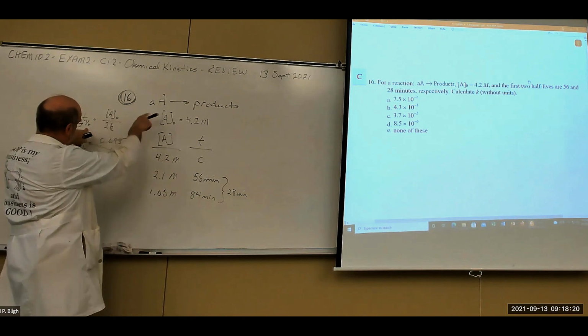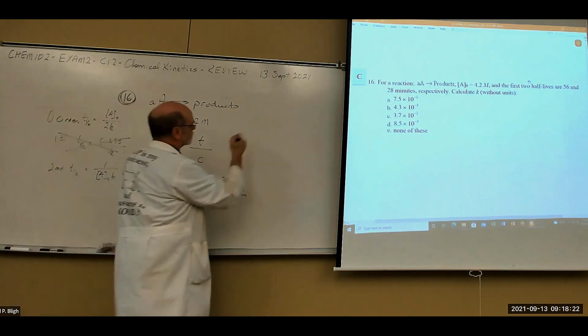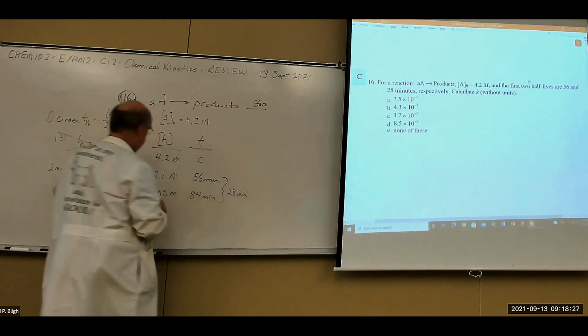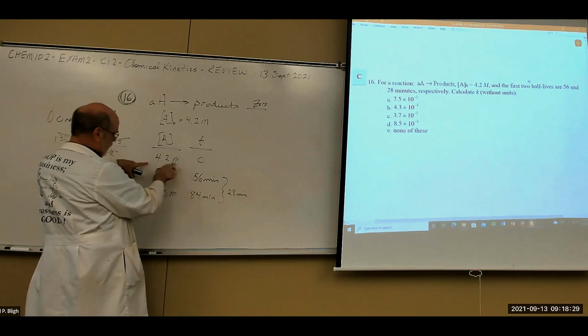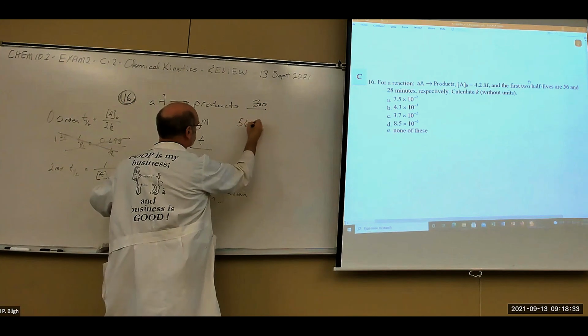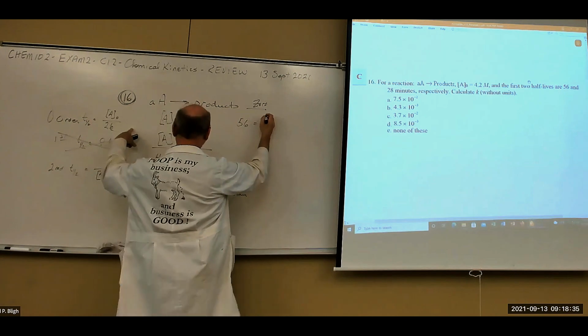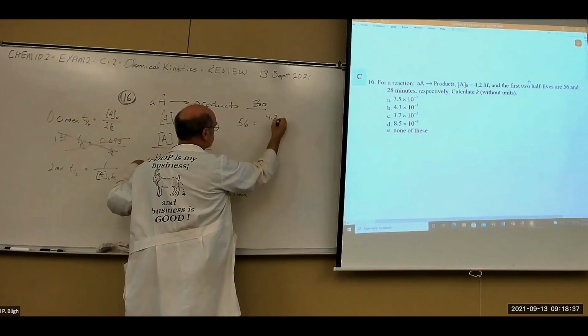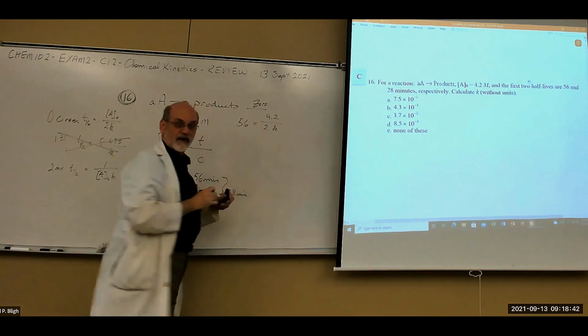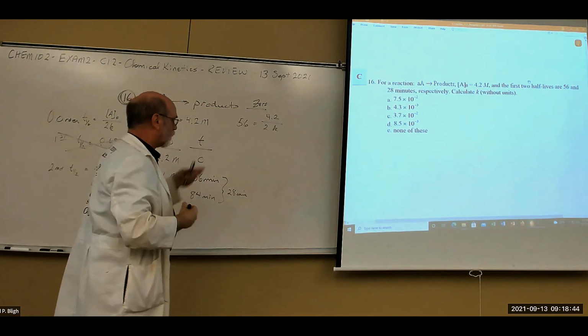So if we take zero order and calculate the K for this half-life, then 56 minutes equals the concentration of A, which is 4.2, divided by 2K. Right? Okay, so what's K?